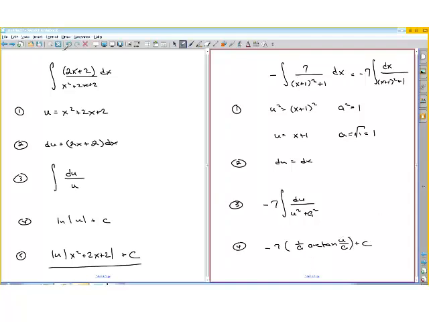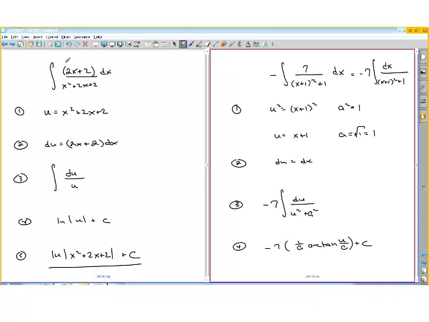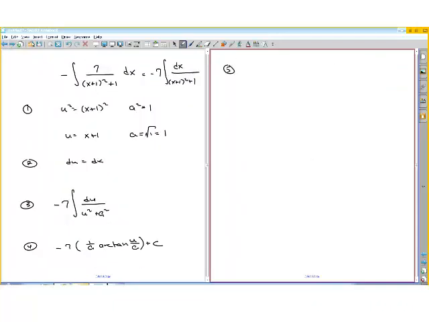I'm just going to put the c out front by itself. And then step 5 is we substitute back. Because it's an indefinite integral, we substitute u and a back in. If it was a definite integral, we would have changed the limits of integration. The limits would be different depending on which integral it was, so we'd have to change the limits twice, once for this one and once for that one.